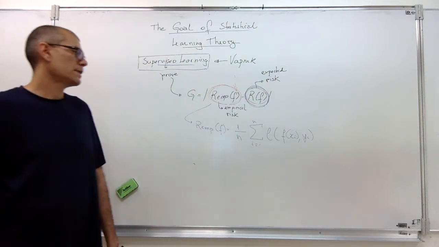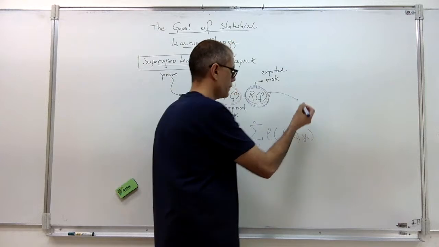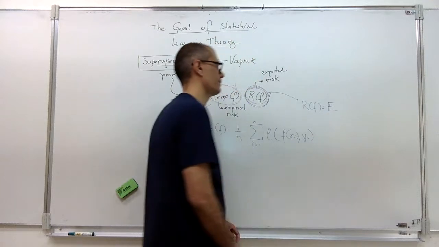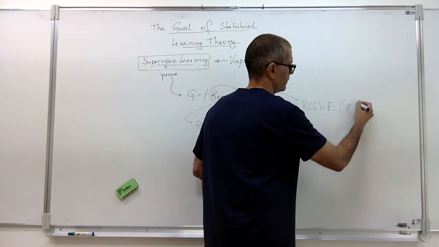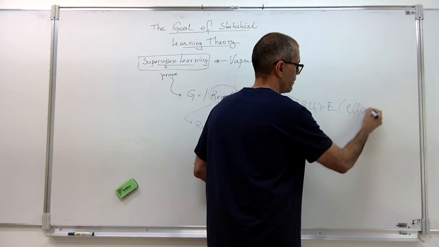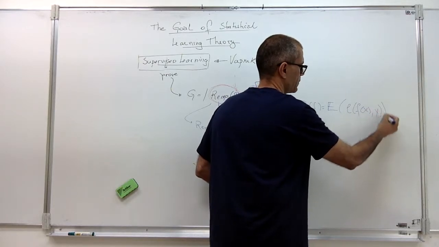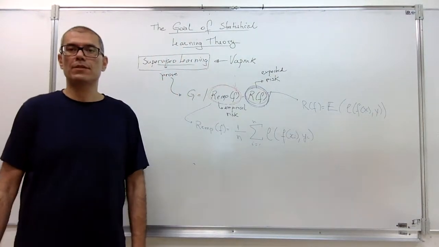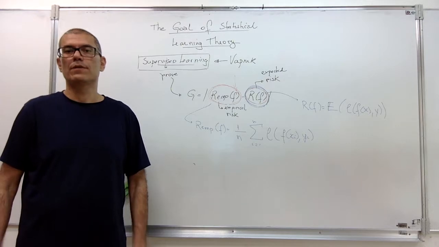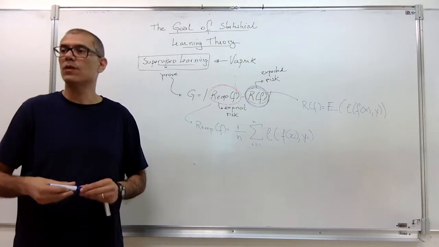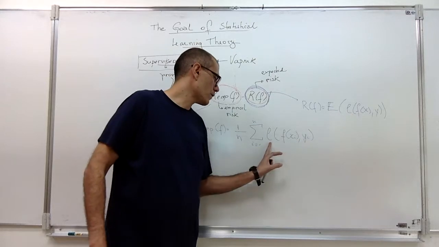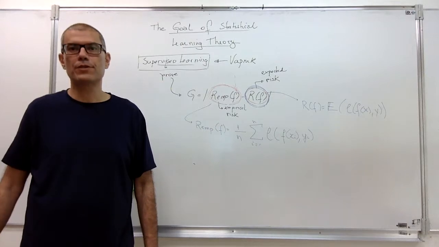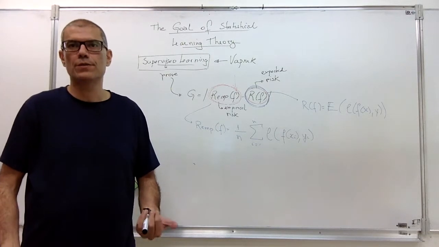And that's empirical. And the expected is just different. The expected is just the expected value of this loss function over every possible input and expected output. That's why we don't have an index here. That's to represent a space, basically. So you've got the whole input space, the whole output space. And this loss function could be, for example, a squared error function or a 0-1 loss function. Could be any kind of function you decide to use.